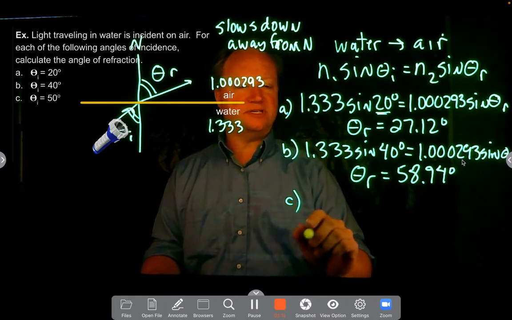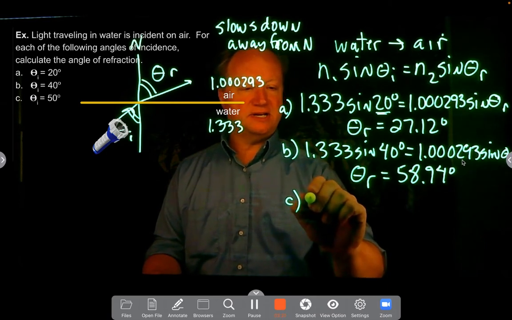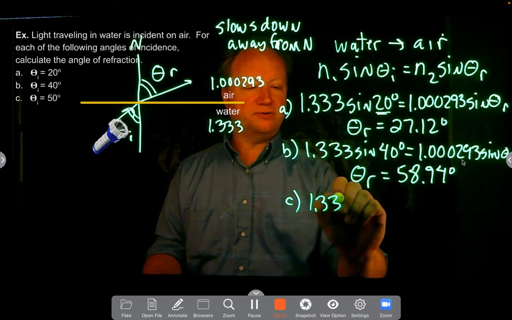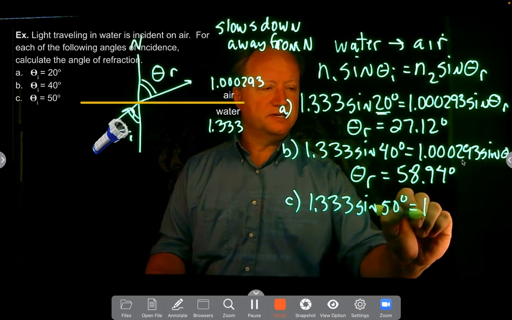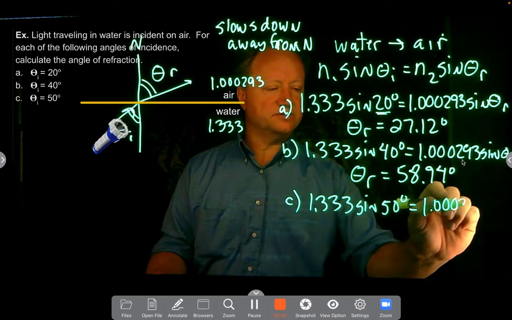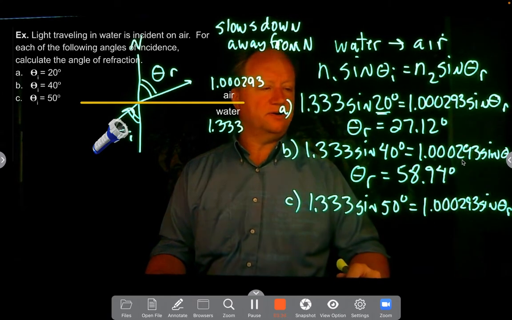Now in part C, if we set up for an angle of incidence of 50 degrees, I get 1.333 sine 50 degrees equals 1.000293 sine theta r.